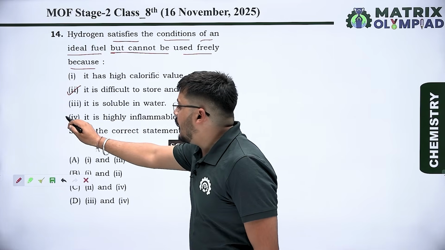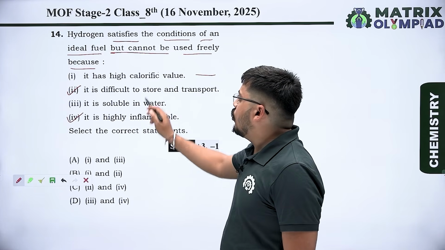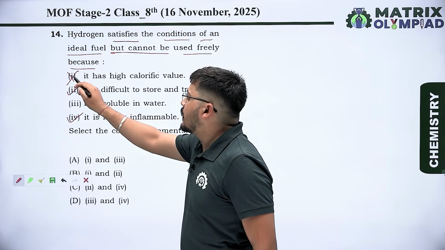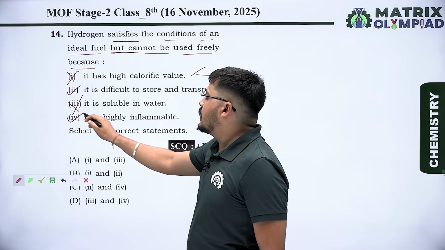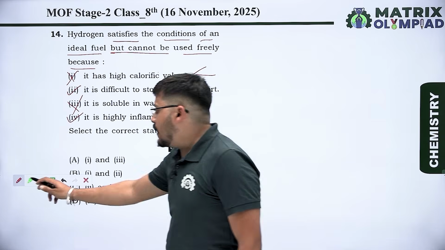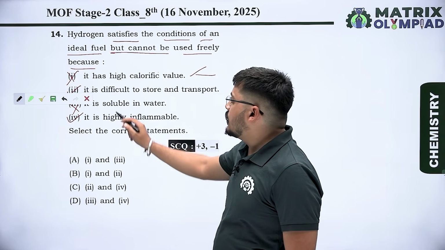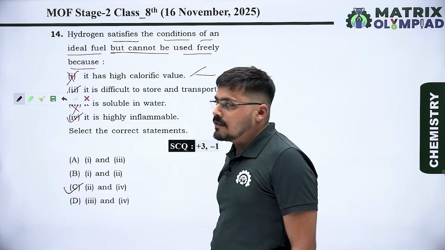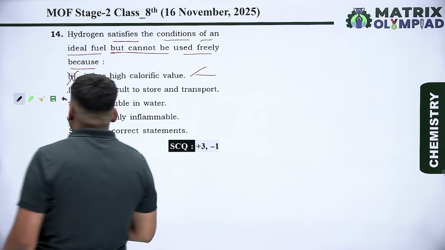It is highly inflammable. In option number 4, we know very well calorific value is high, but according to this question, it is not correct. And in option number 3, it is not soluble in water. So first and third are wrong. According to this, second and fourth, option number C, is correct. Let's move to the next question.